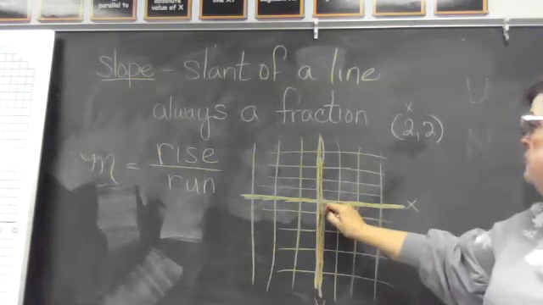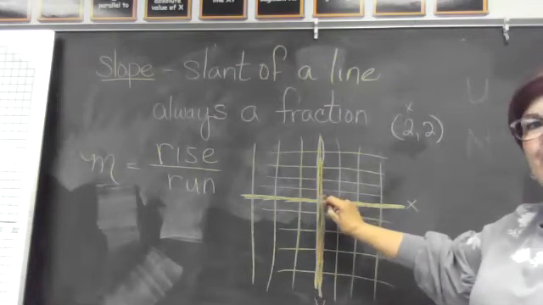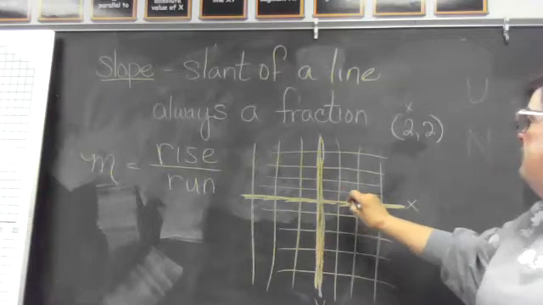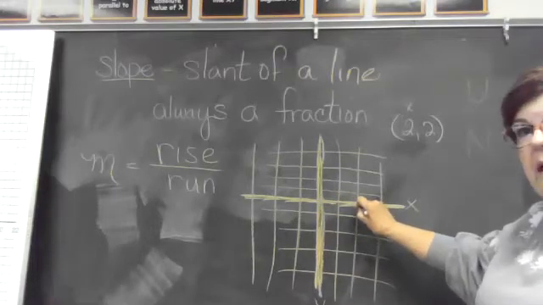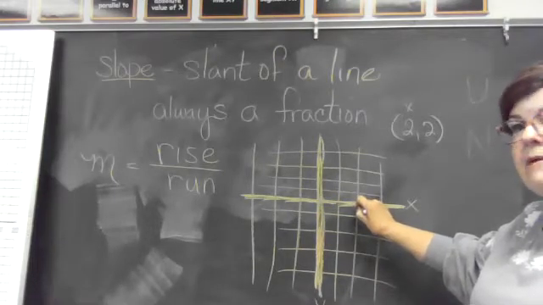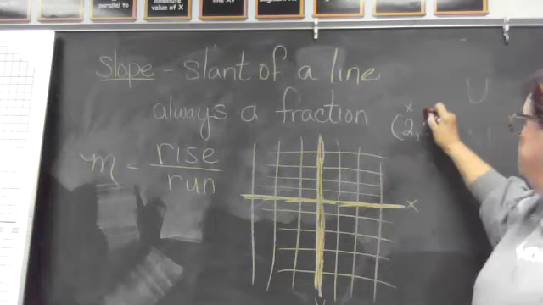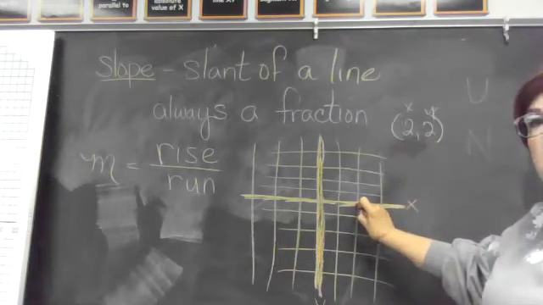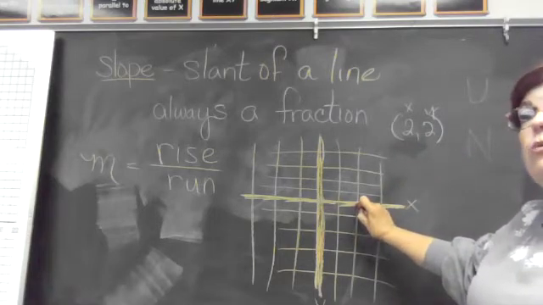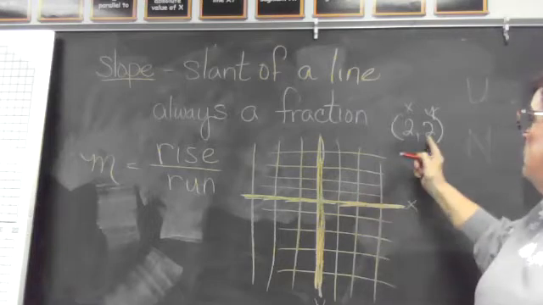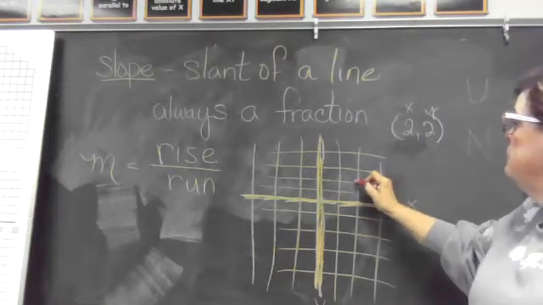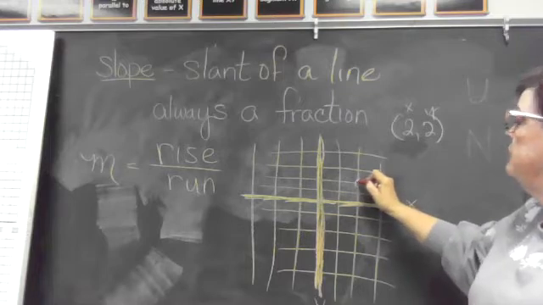When I'm plotting a point, I'm going to start at the origin and go 2 places on the x-axis. And then the second number says when I turn the corner here at the intersection, I've got to go up or down. It's a positive, so I'm going to go up 2, and here's the point (2, 2).